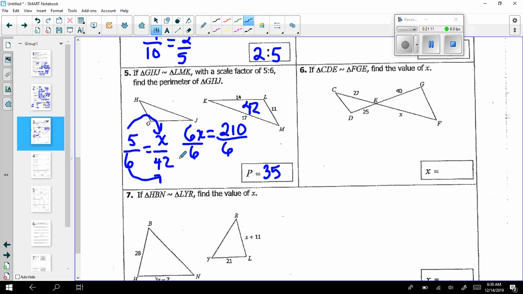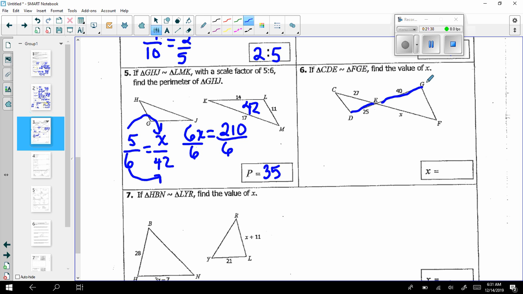Now, for this one, find the value of x. So I know that this triangle CDE is similar to FGE. And again, let's pay attention to which side is corresponding to which. So for DE, which is right here, this corresponds to GE.